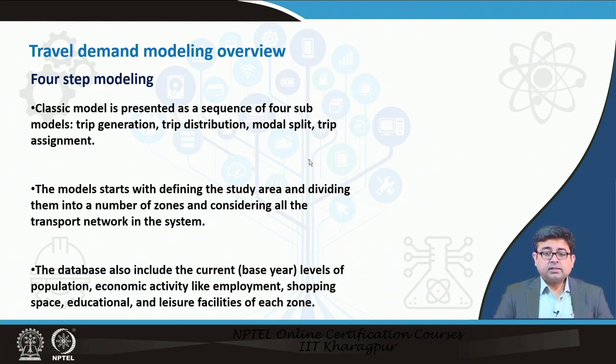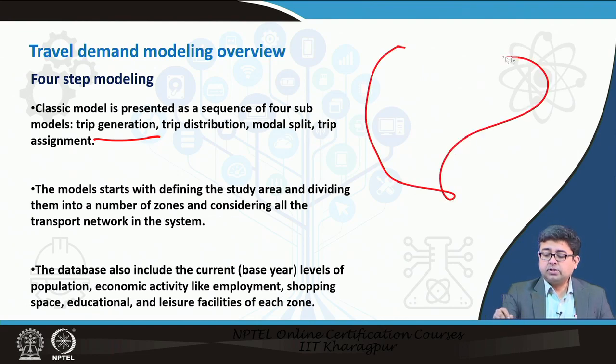So, if I were to give you a basic example or a very short explanation of this in a nutshell, the first step in this is trip generation. And for trip generation, usually what you develop is a small zone of your city, which are usually called TAZs, traffic analysis zones.